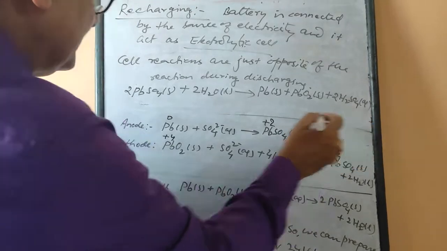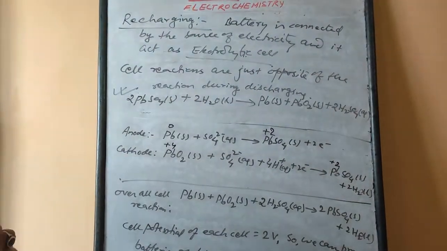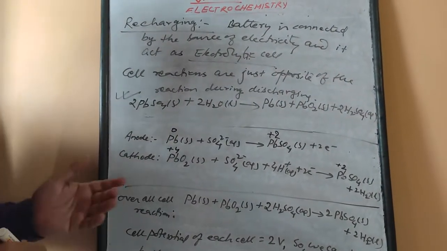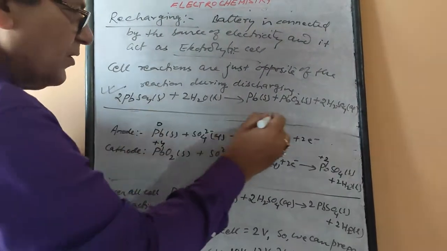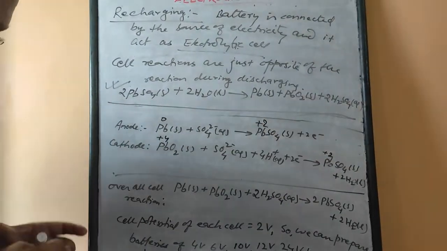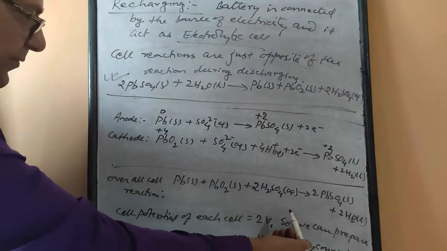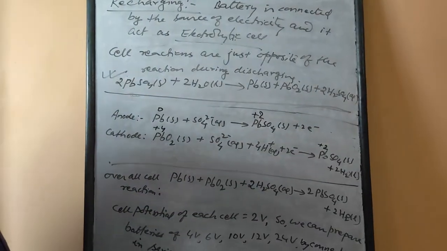So mind it, in examination, the teacher may ask: write the reaction of lead storage battery during discharge or during recharge. During recharging of lead storage battery, this reaction is just opposite of the reaction during discharge.